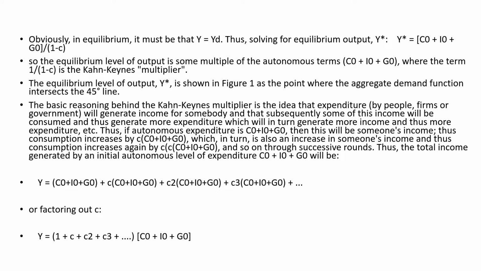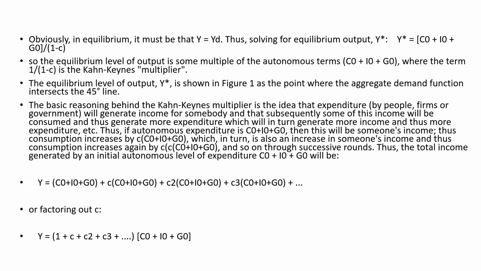So, in equilibrium, Y should be equal to YD. So Y star would be equal to C0 plus I0 plus G0 divided by 1 minus c. The equilibrium level of output Y star in the figure is given. And the basic reasoning here with respect to the multiplier is that expenditure will generate income for somebody, and subsequently some of this income would be consumed, and this will generate more expenditure, which in turn generates more income.